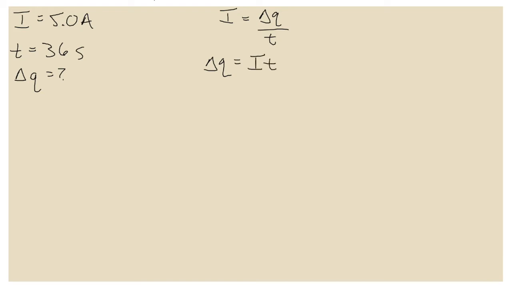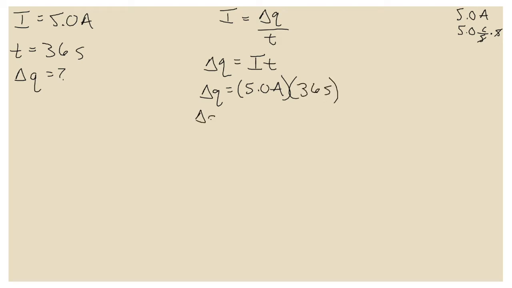Notice that that makes sense because even though we've written 5 amps in units of amps, that actually means 5 coulombs per second. And so if we multiply that by seconds, the seconds will cancel and we'll be left with the units of charge. And so we take our current here, which was 5.0 amps, and multiply that by our time, 36 seconds.